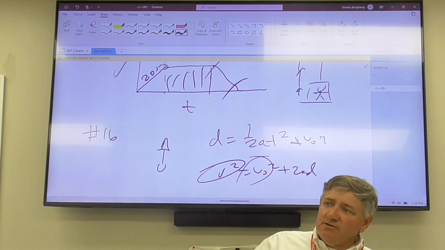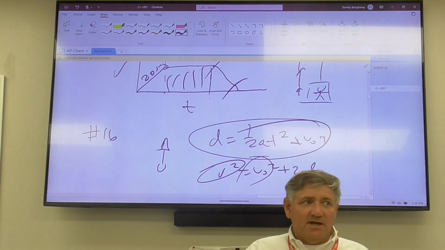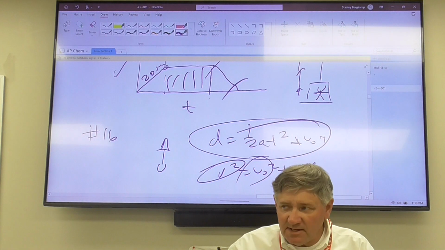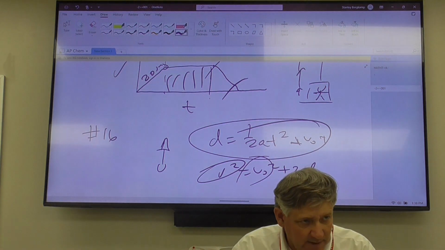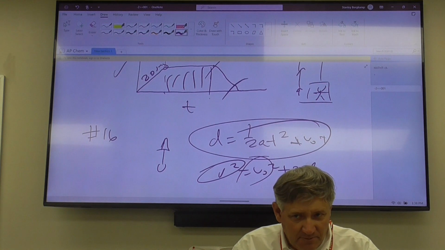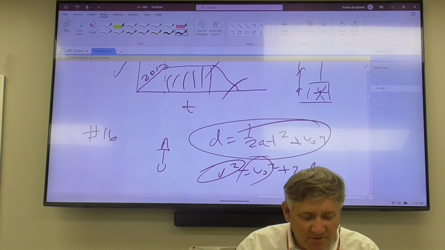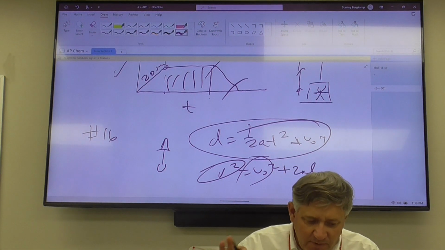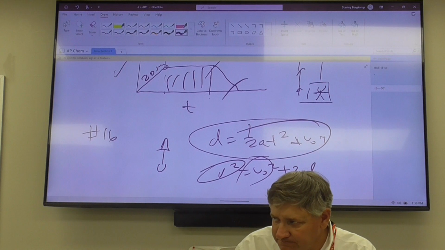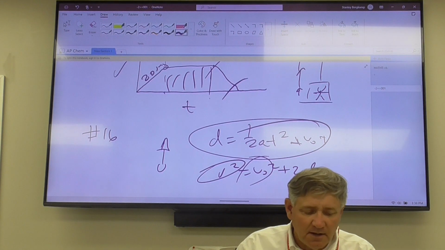That's why you can't use that equation. So this is a function equation. It gives you height as a function of time, okay? Cool with that? Good. So your answer to 16A should be between 100 and 150 meters. It's a pretty good height, okay?